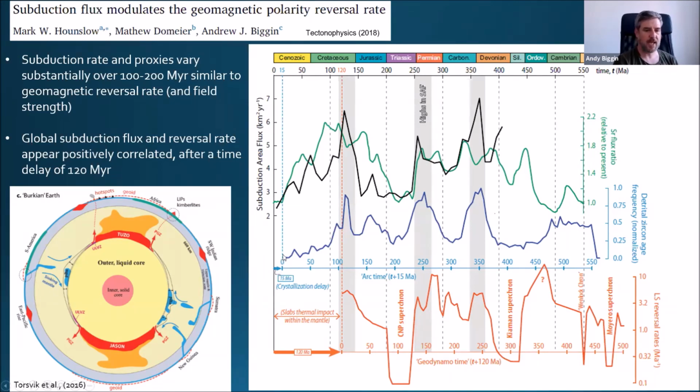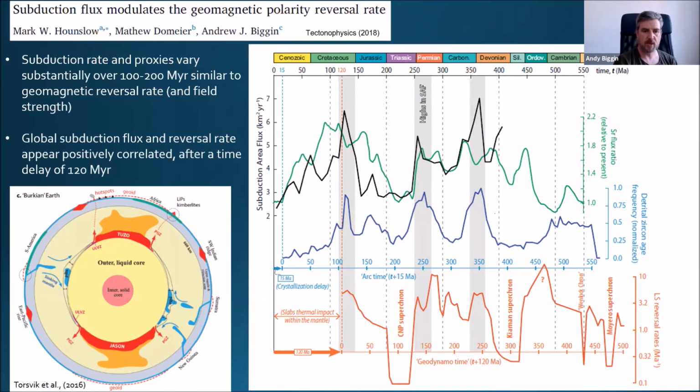But then, of course, you've got to get this thermal signature all the way from the surface down to the core mantle boundary. What we did was perform cross-correlation analysis to see what the optimum delay for that thermal transit time would be to produce the best correlation. And we did manage to come up with a statistically significant correlation, allowing for a 120 million year delay.